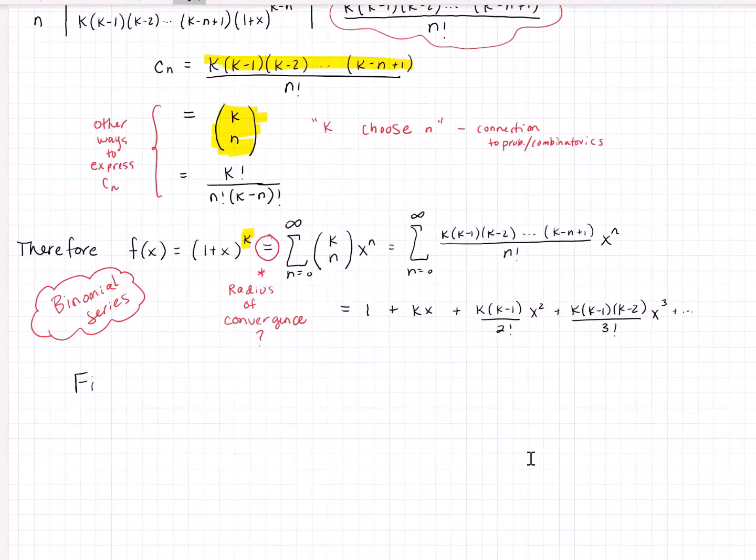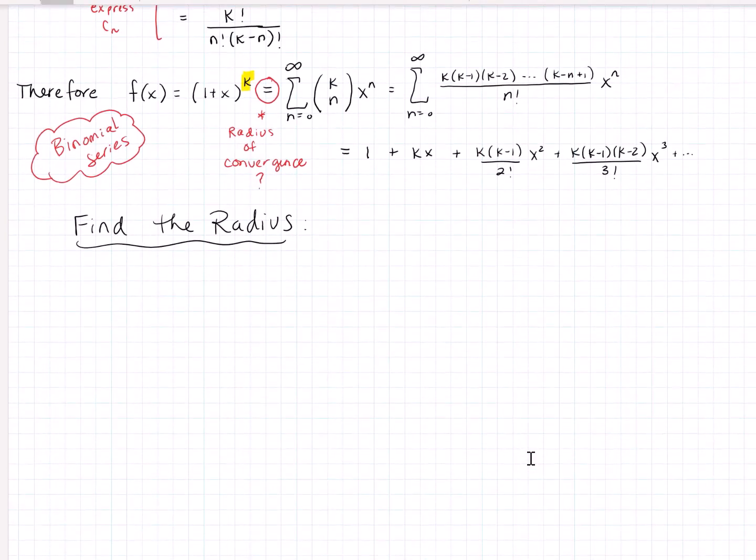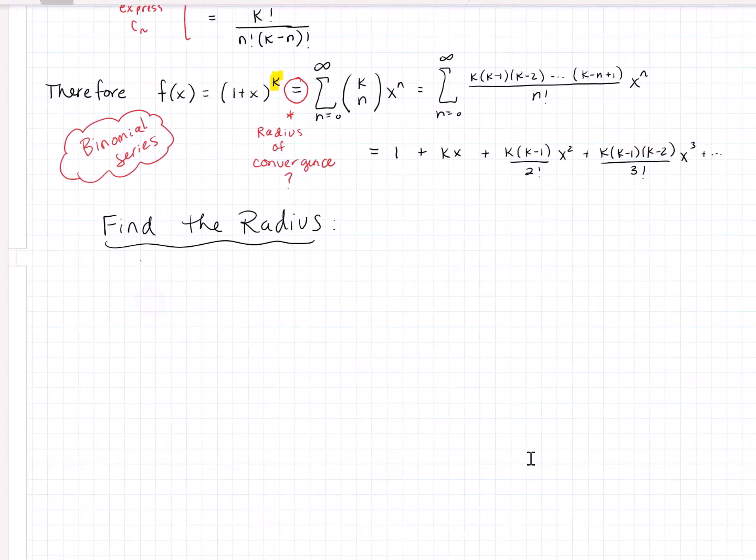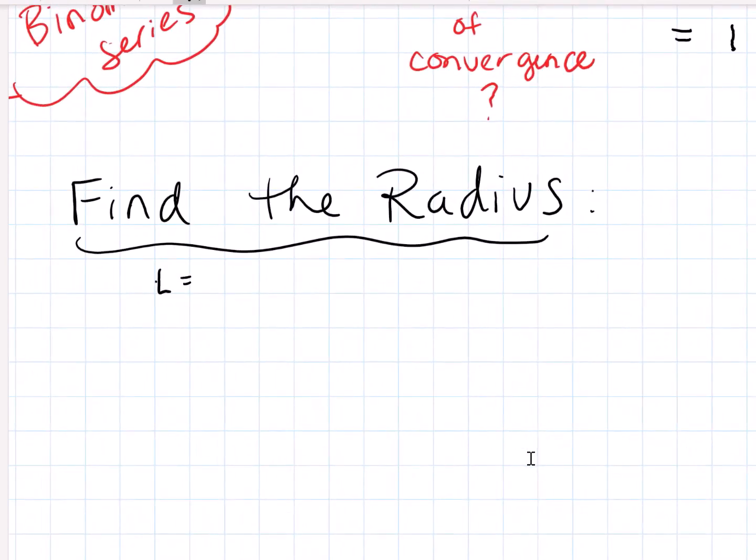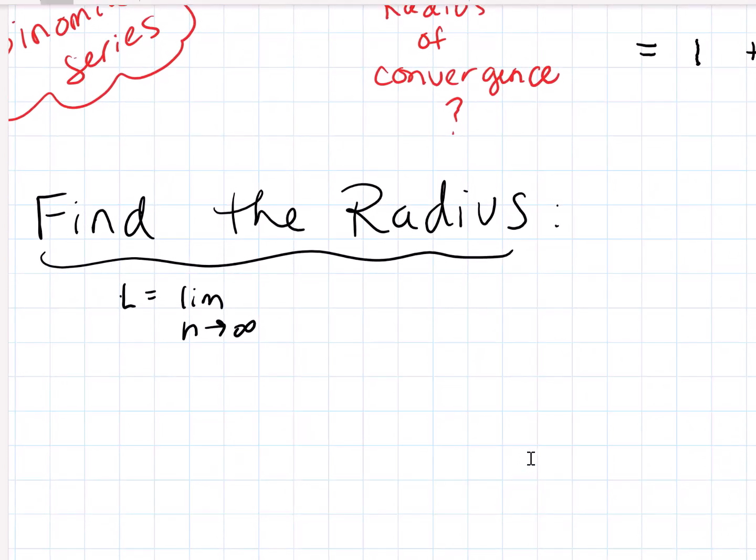Let's get in here and actually do a ratio test. So let's take L. I'm going to zoom in a little bit here. L is equal to the limit as n approaches infinity of the ratio of the n plus 1 term, so we'll have k choose n plus 1 times x to the n plus 1, over k choose n times x to the n.